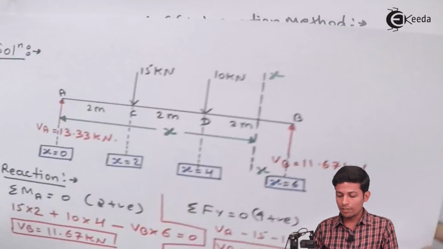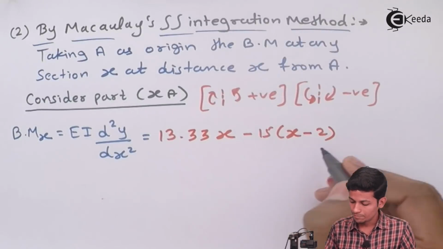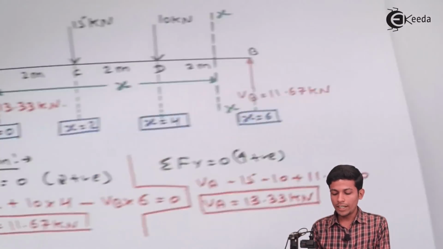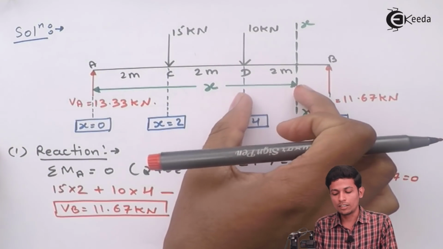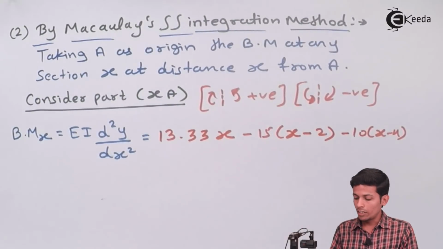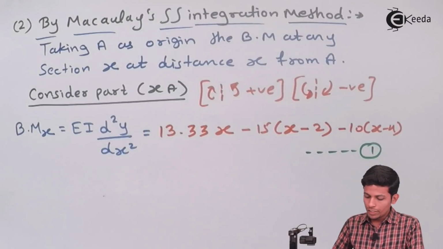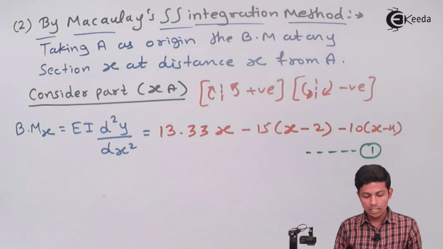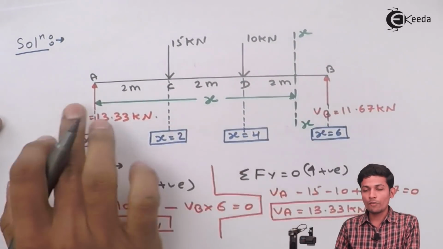Okay, now after that, this 10 is coming, so minus 10 into x minus 4. 10 into x minus this distance, which is 4. Now this is nothing but your equation number 1. Now see friends, we have done with this part, equation number 1. We have taken the bending moment over this distance.